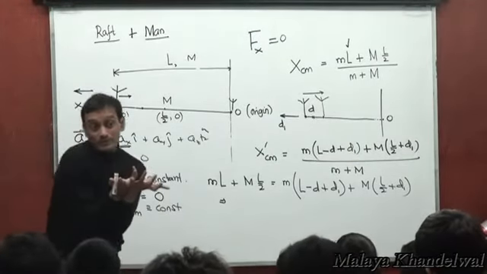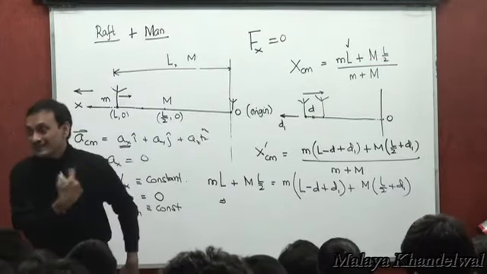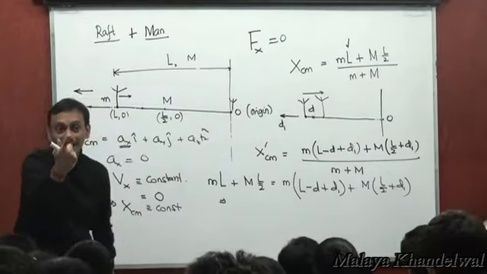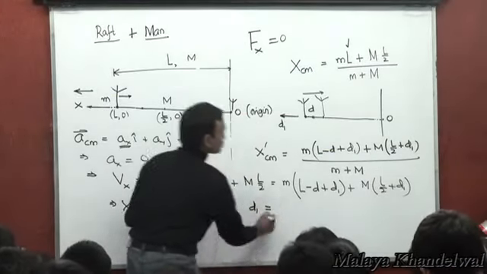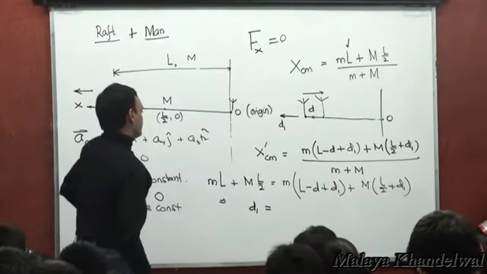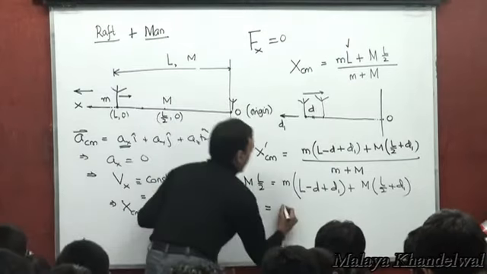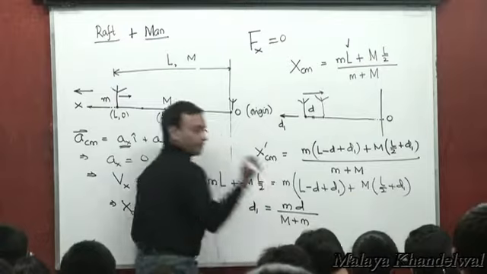The man can tell you he's moved x units on the raft, but for the raft, you'll have to calculate. So you would want to know d1. d would be given by the man, d1 you will have to compute, right? So then d1 turns out to be m into d divided by capital M plus small m.